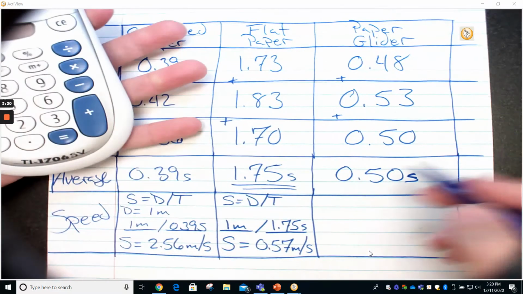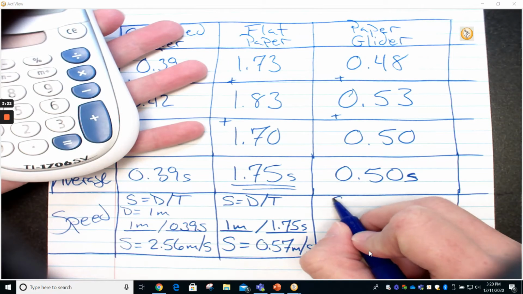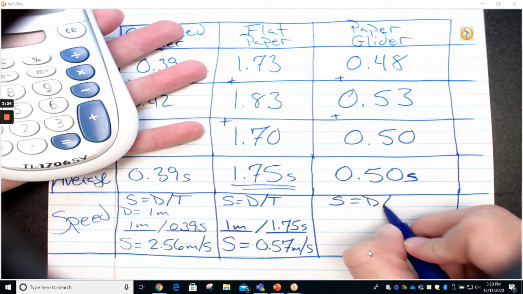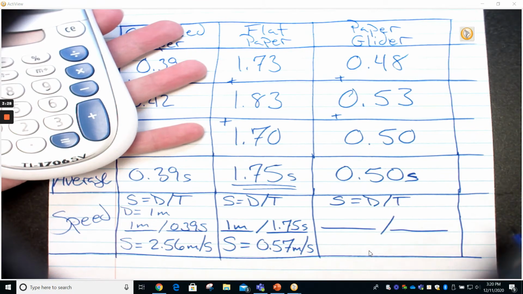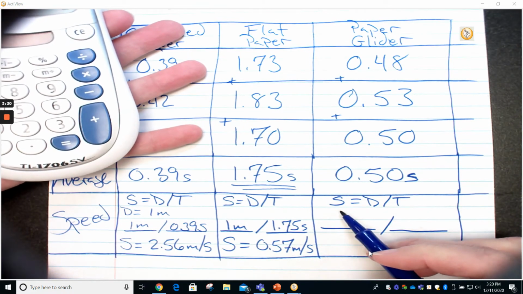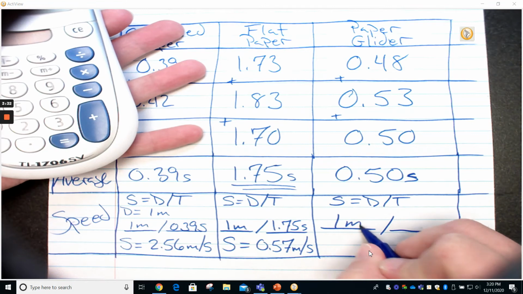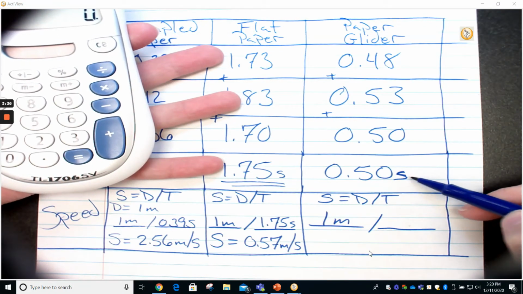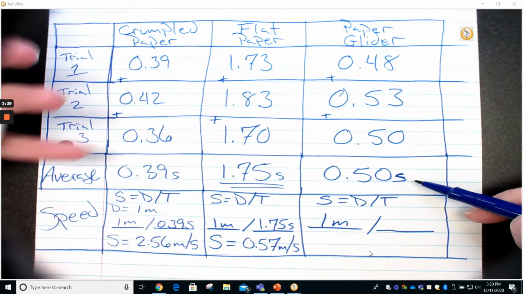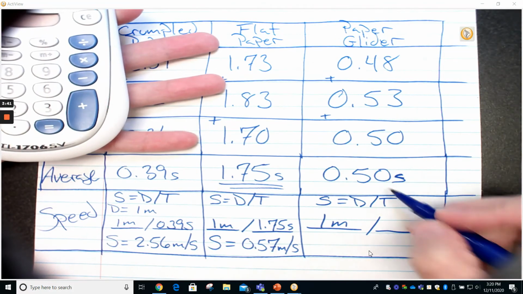Okay. Next, we've got the paper glider. So we know that speed equals distance divided by time. There's a place for our distance. There's a place for our time. Our distance was the same for all of them. It was 1 m for meter. Our average time we figured up right here. Average time was 0.50 seconds.